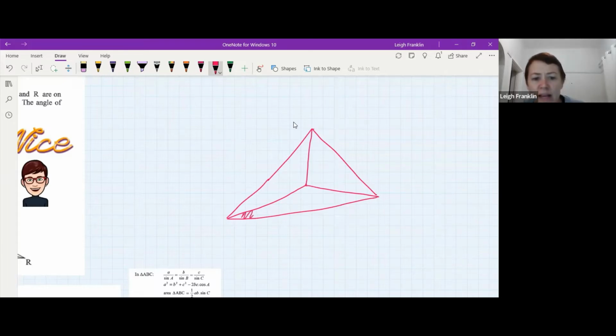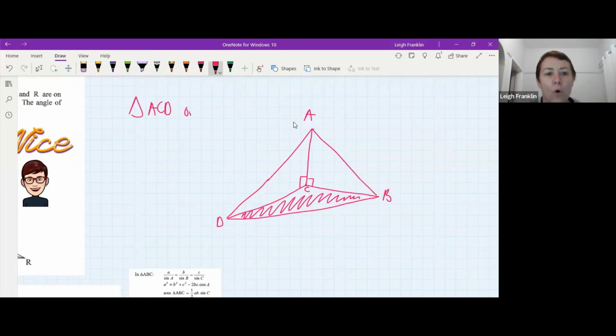Marginally better. Let's say this over here is in the same horizontal plane, and this triangle at the back here is right angled, and that triangle over there is right angled. If I call this A, B, let's call that point at the back C, and this is D over here. If I work in triangle ACD, or if I work in triangle ACB, I'm going to use my basic trig ratios, which is SOHCAHTOA.